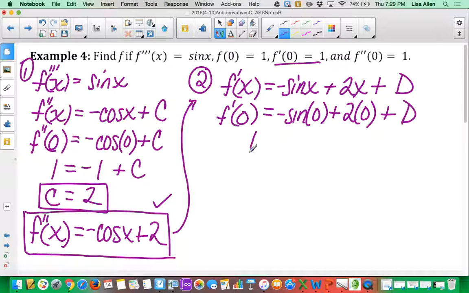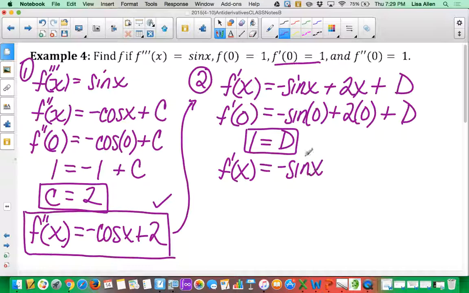So I get 1 is equal to 0 plus 0 plus d. The sine of 0 is 0. So I get d is equal to 1. So now I know that f prime of x is equal to negative sine x plus 2x plus 1.